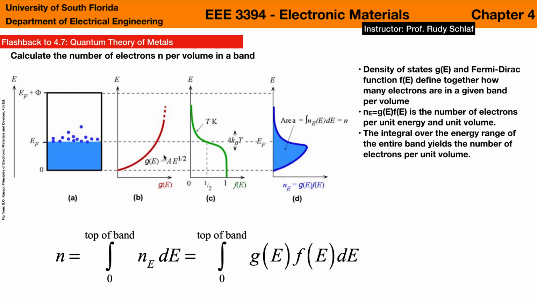And when we multiply that with the Fermi-Dirac function, then we end up with the number of electrons per unit energy and unit volume. That's the blue curve here. And if we integrate this here from the bottom of the band to the top of the band, then we get the area here, which is just the electron density in that band. So you see that down here.